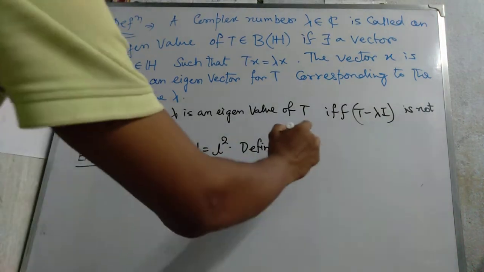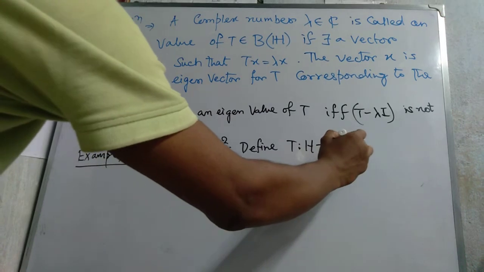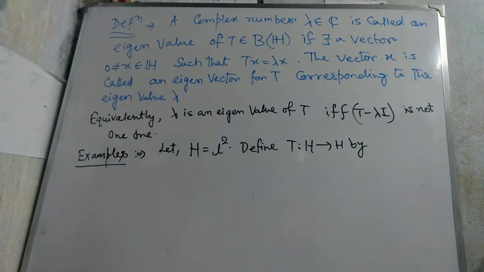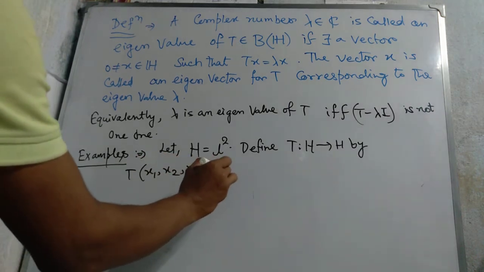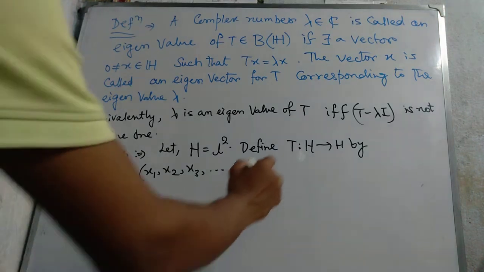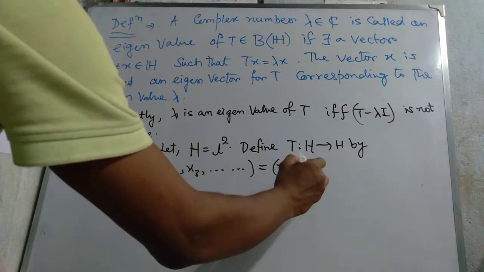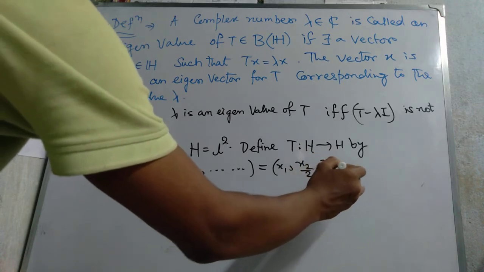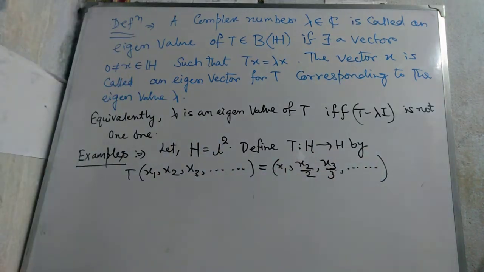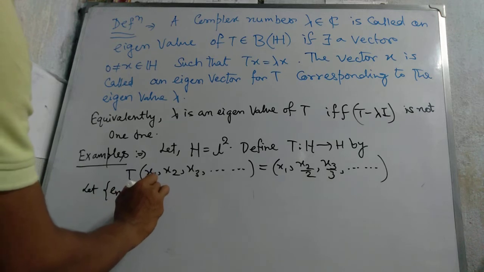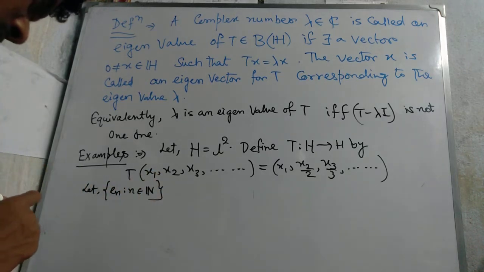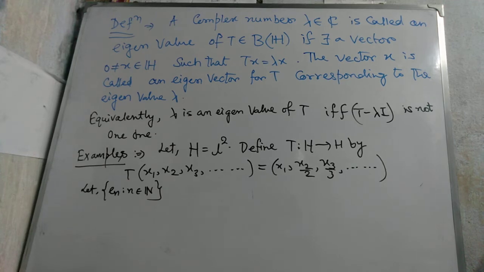Define T from H to H by T of (x1, x2, x3, ...) equal to (x1, x2/2, x3/3, ...). Let En, n belonging to N, denote the standard orthonormal basis for H.